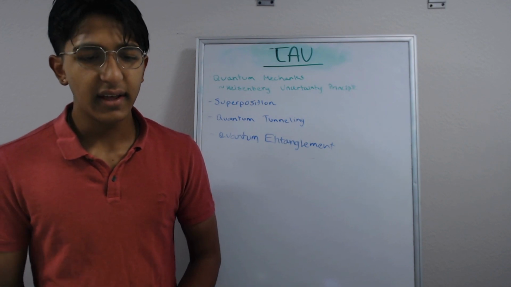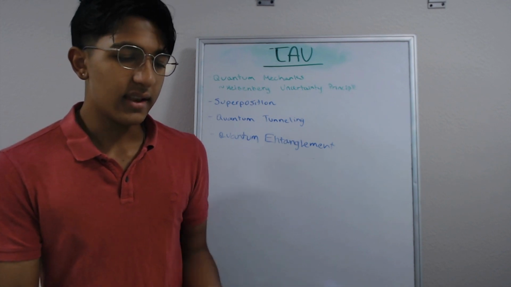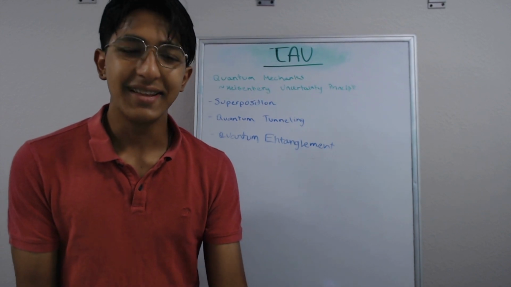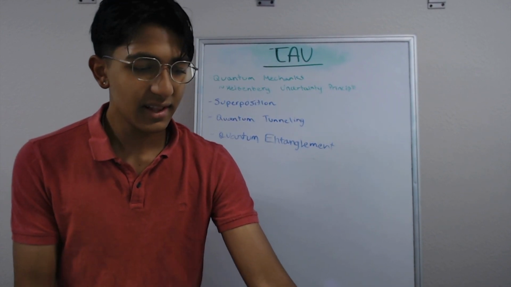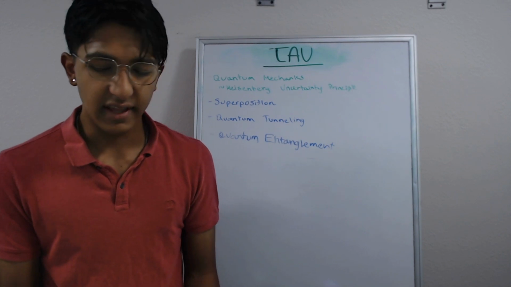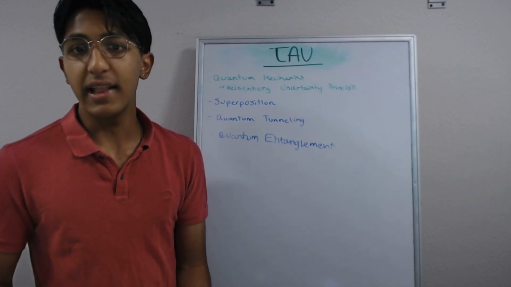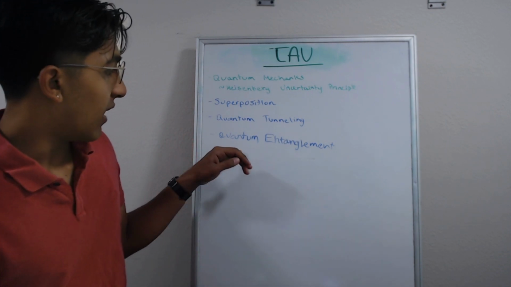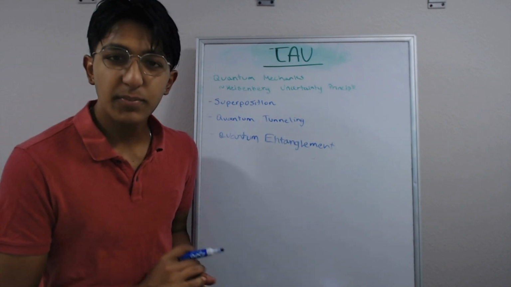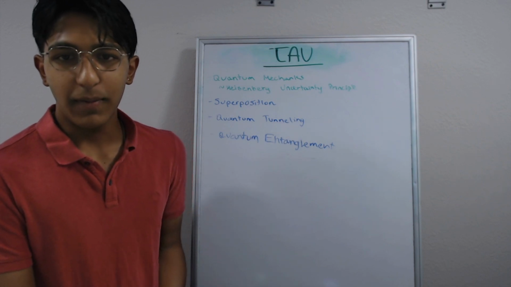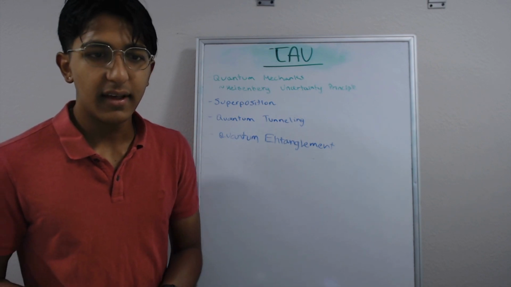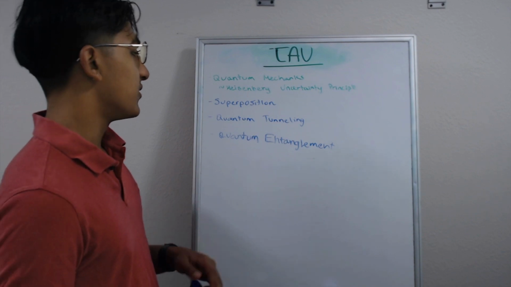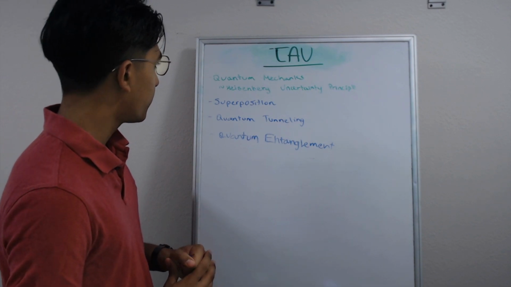So it's a very poorly understood concept in general, but we still use it today. It's used in many things from your everyday laser to even your computers, right? So Einstein called quantum entanglement spooky action at a distance because he could not grasp it. But it's a very useful concept for today's technology.